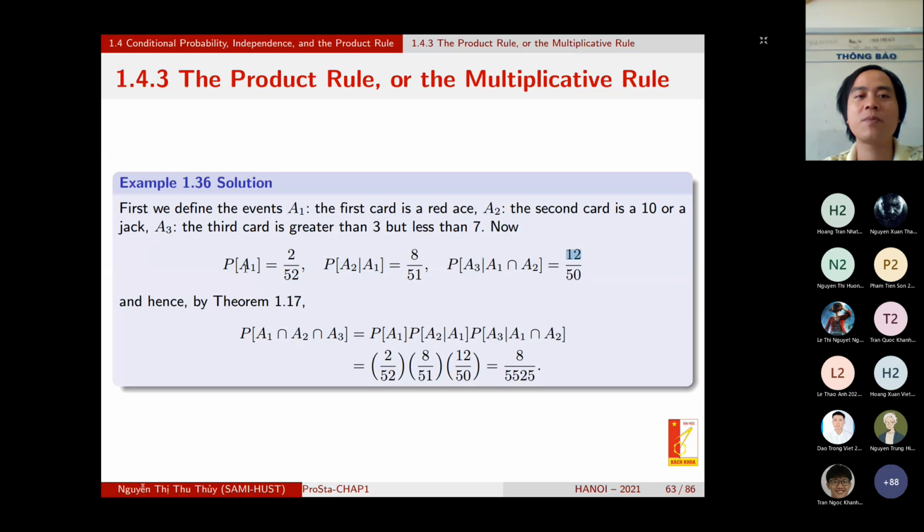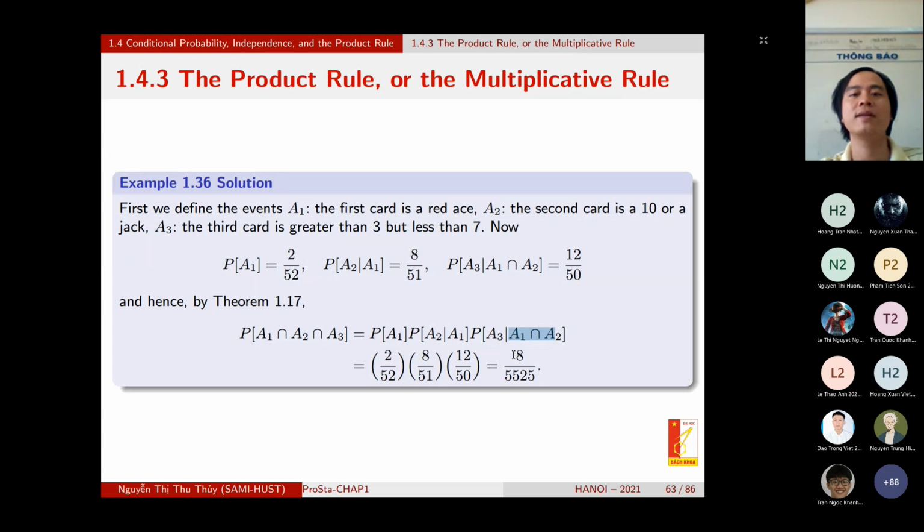Now we compute the probability of the intersection of A1, A2 and A3. We use the product rule, or multiplicative rule: A1 in the first step, then in the second step A2 conditioned on A1, and in the third step A3 conditioned on A1 and A2.